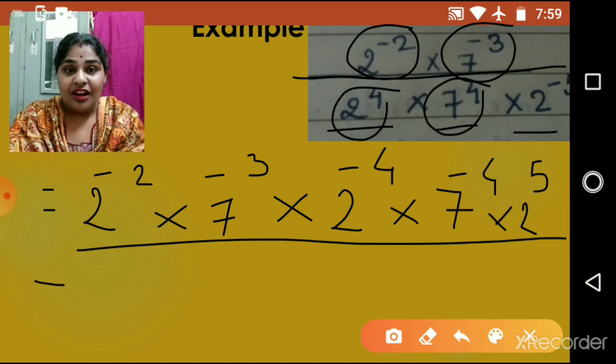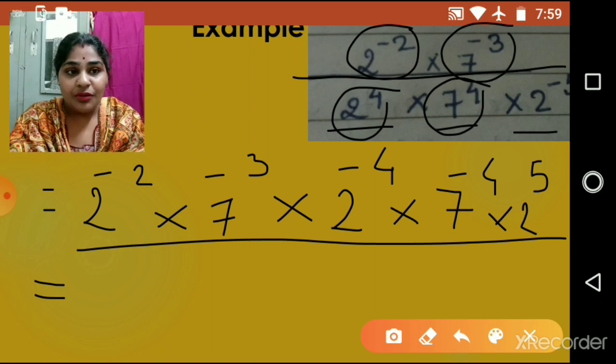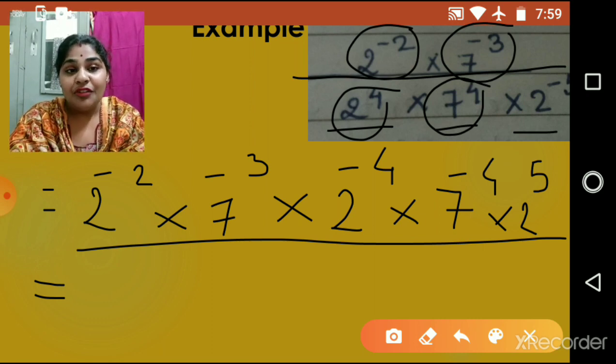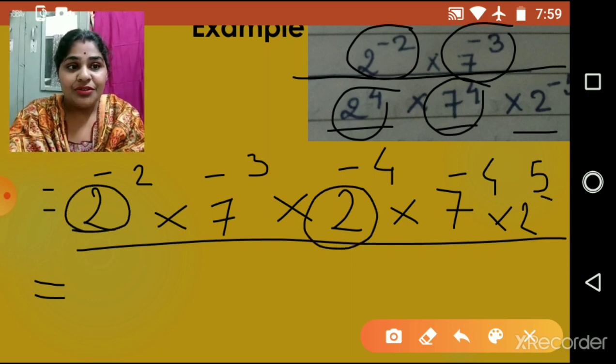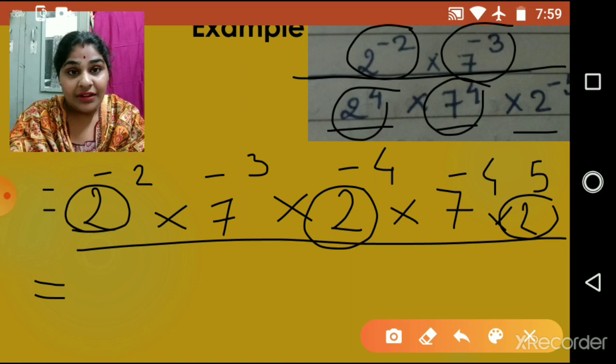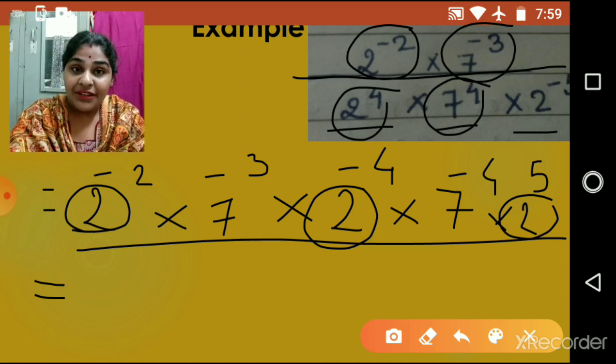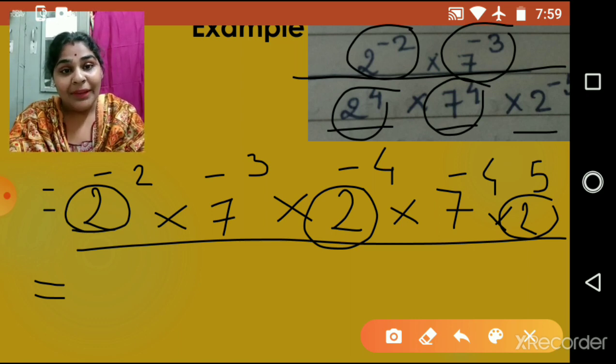Now we can directly use, we will first rearrange, or no need to rearrange, if you are able to solve directly, you can solve. Now I can see here 2 raised to something and 2 raised to something, so these bases are the same, that is 2. So we can use the law a raised to m into a raised to n is equal to a raised to m plus n.